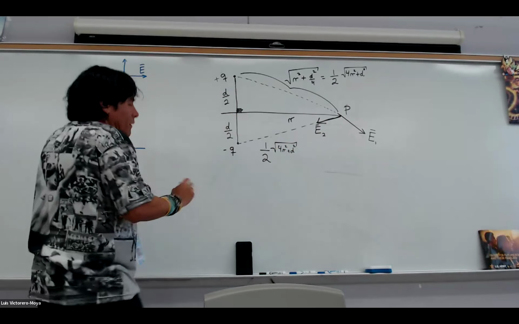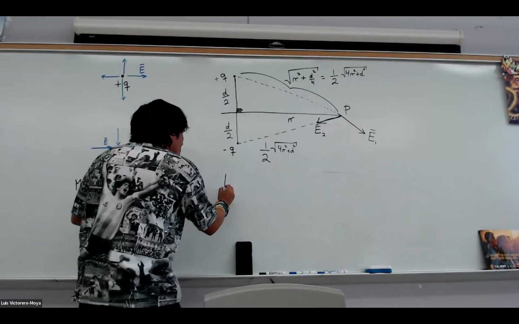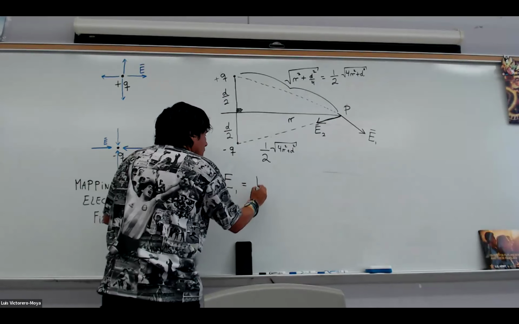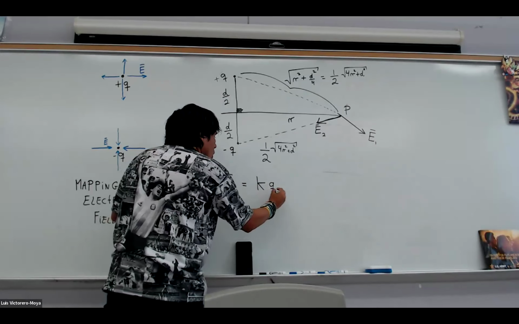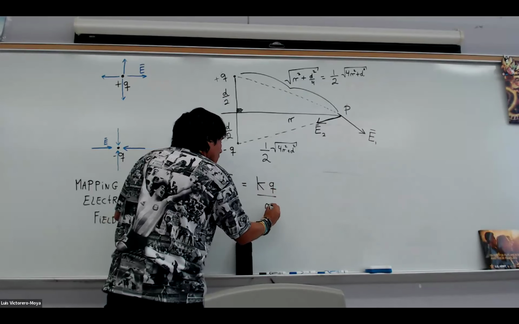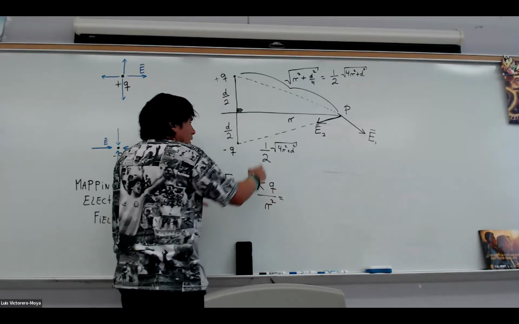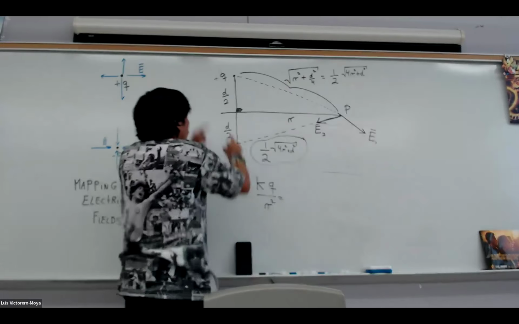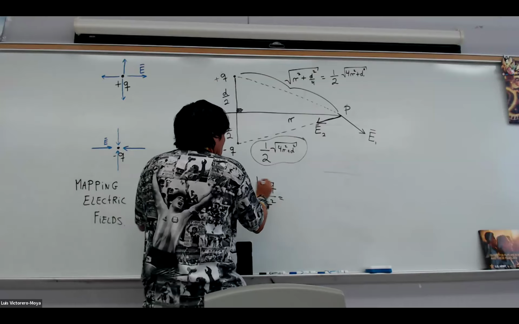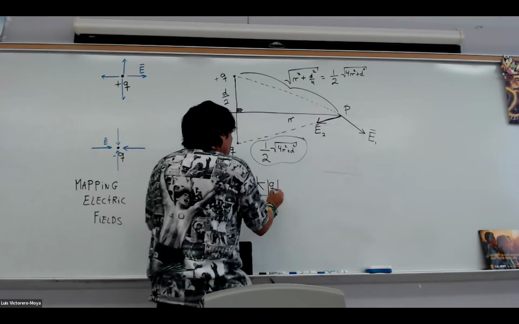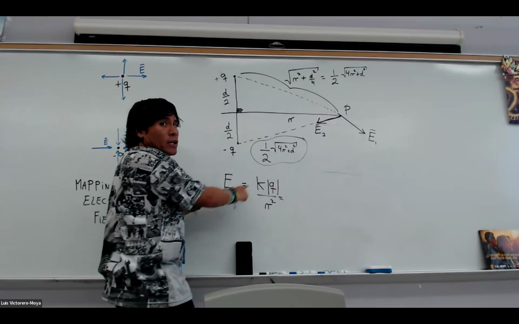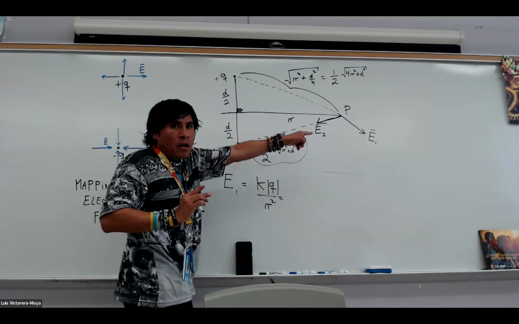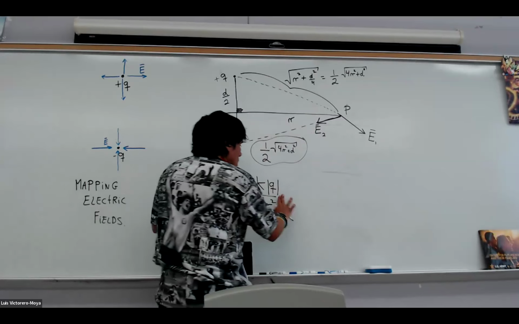So then how do I find E1? I want to show you E1. If I want to find the magnitude, I use the equation kQ over R squared. That's the equation. What's R? It's this. And remember, if you're looking at the magnitude of E1, you take the magnitude of Q. The directions are given in the drawing.